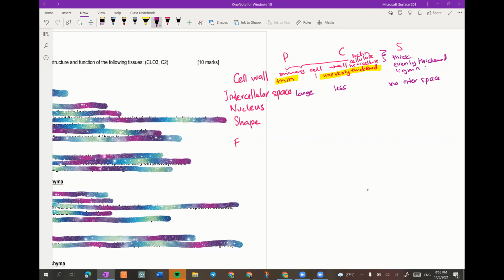So, daripada situ awak dah boleh tahu dia punya function lah. Okay, daripada large ni, awak boleh tahu dia lebih kepada untuk gases exchange. Okay, sama juga untuk yang collenchyma, dia boleh juga lakukan the gases exchange. Tapi dia kurang significant lah sebab yang unevenly thickened tadi lebih important.